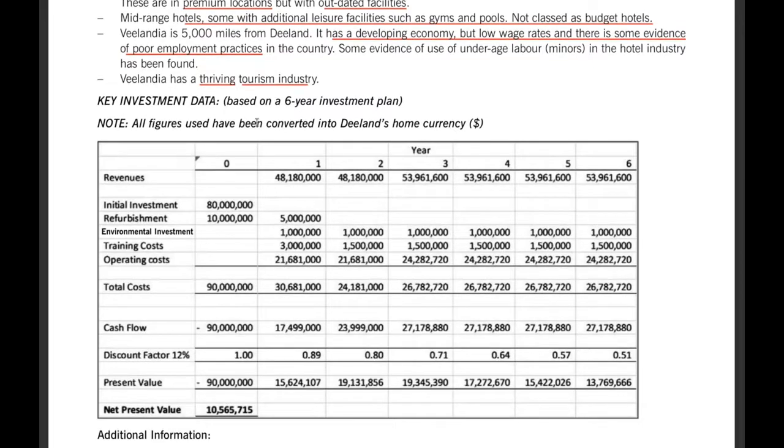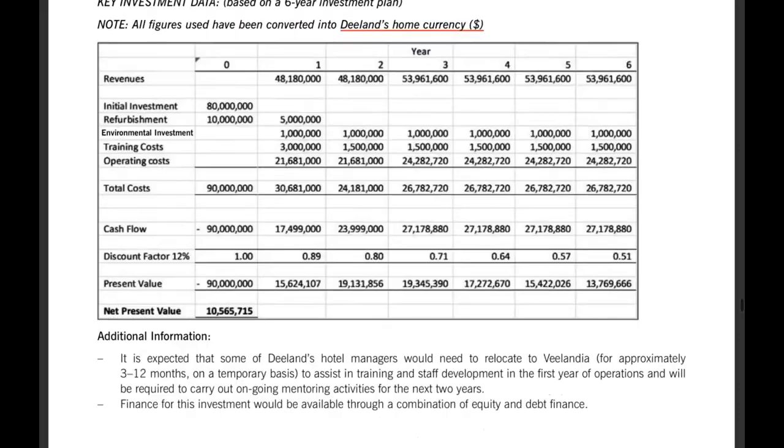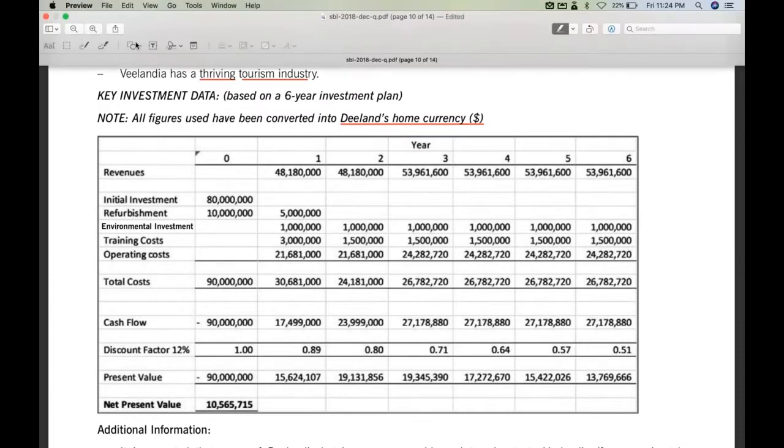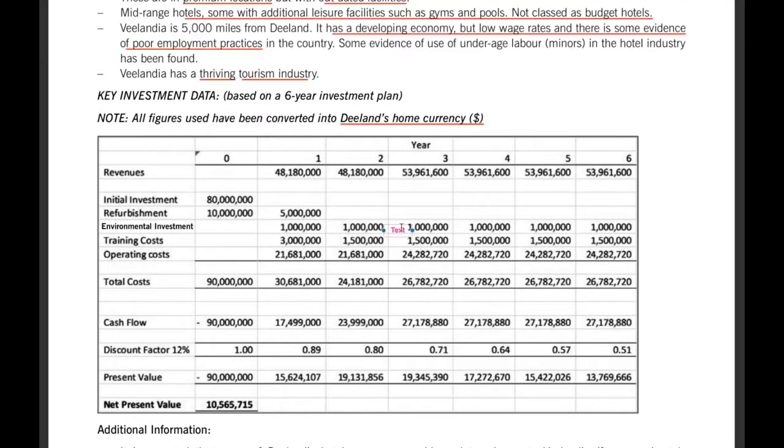Remember, all figures have been converted into Highlight's home currency. What does it mean? That means in Vilanda, they're using another different currency. So here, all right, you're actually converting it into Highlight's home currency. So when they plan to operate in another country, remember, that's what risk that actually is being.